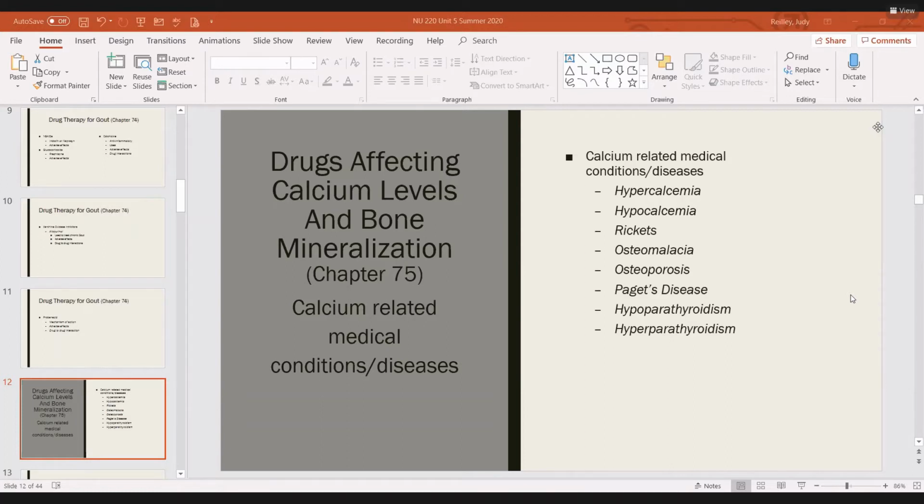When the kidneys start to fail, patients usually develop hyperparathyroidism, which can be managed by taking a phosphate binding agent such as Fosrenol.